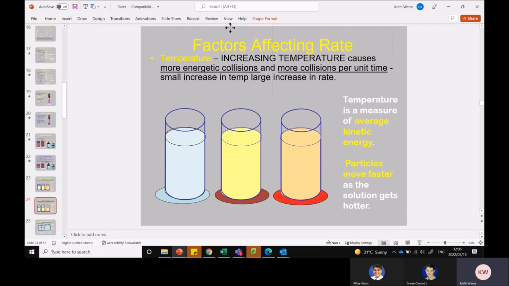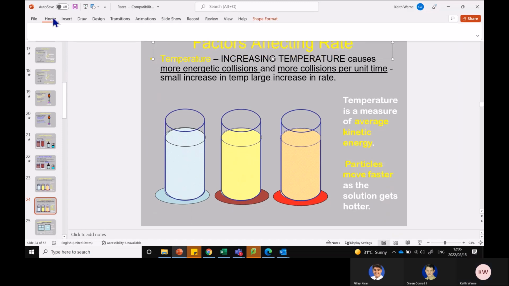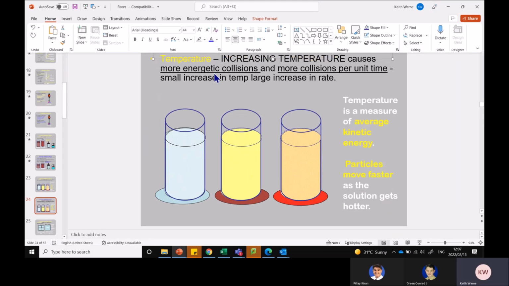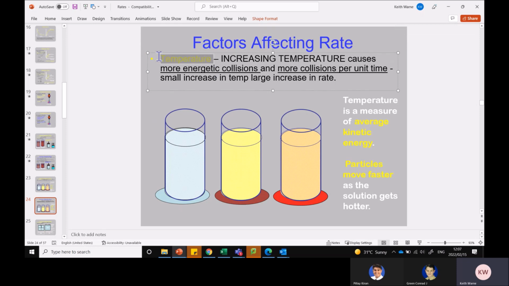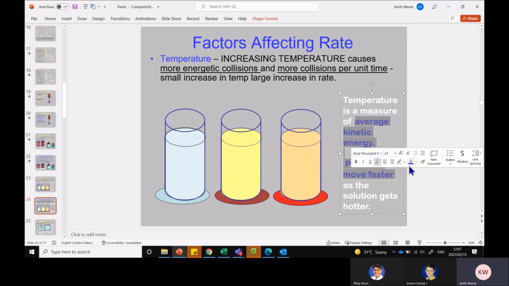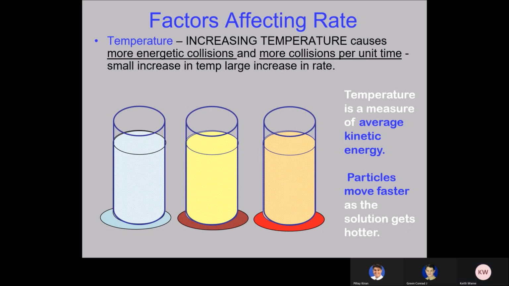Why is temperature always going to work? What does increasing the temperature do? Move quicker. So if there's more collisions per unit time, then there's probably going to be more effective collisions. But temperature has a double effect.